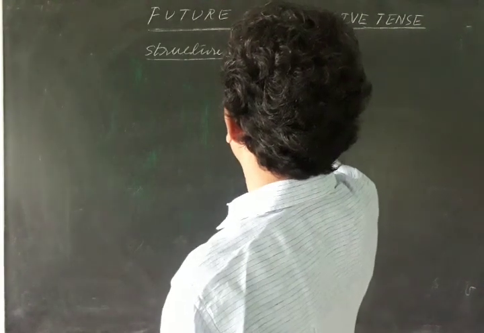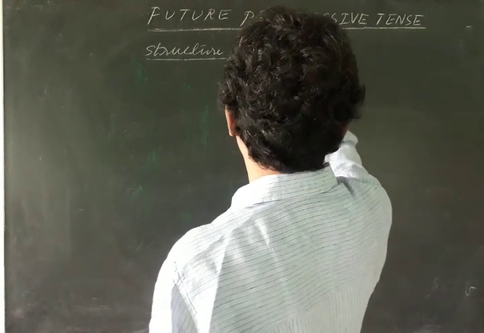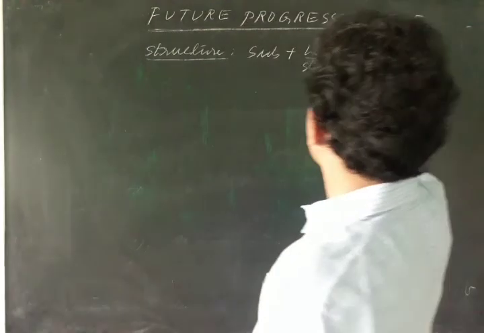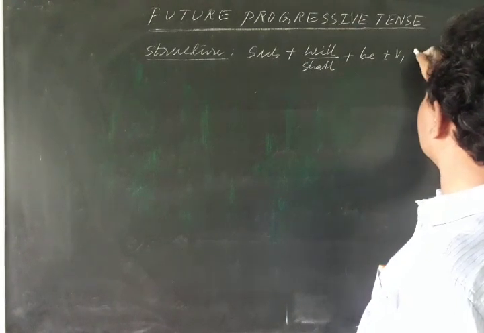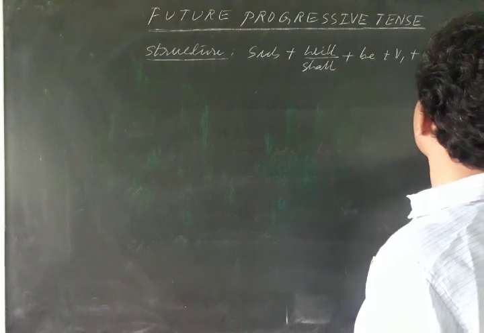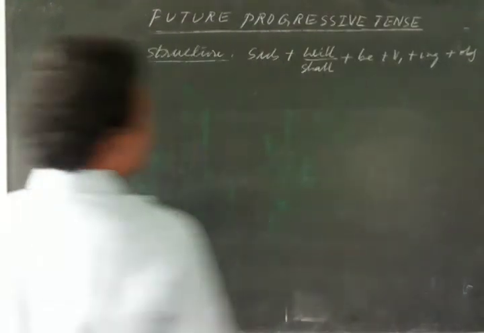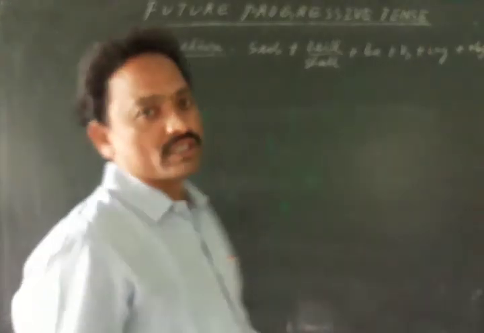Subject, as you know, will or shall, be, V1, ing plus object. Subject, will or shall be V1 ing plus object.